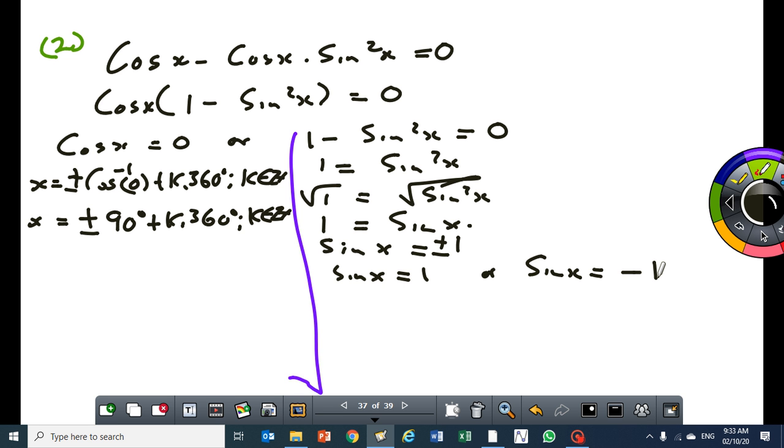Now the sine x equal to 1, this one here becomes x equal to shift sine of 1 plus k times 360 degrees, where k is an integer. Right? Please, this is only for this sine x equal to 1. I still need to deal with the sine x equal to minus 1. Right?